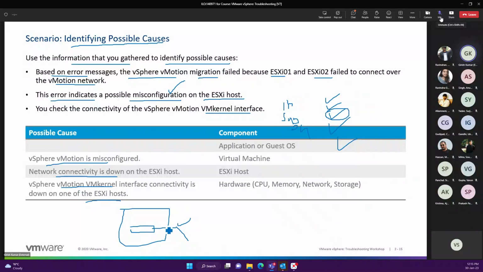These are all virtual adapters, and this virtual adapter is down. So the components to check: application, guest OS, virtual machines, which virtual machine failed, the vMotion rules, and in which ESXi it is. At the hardware level, make sure all the hardware resources are available at the ESXi level.